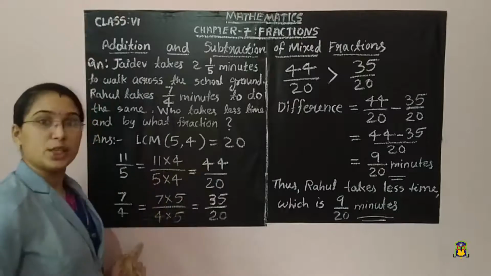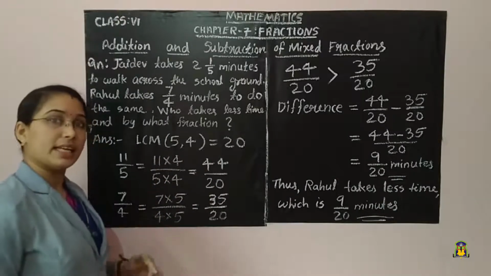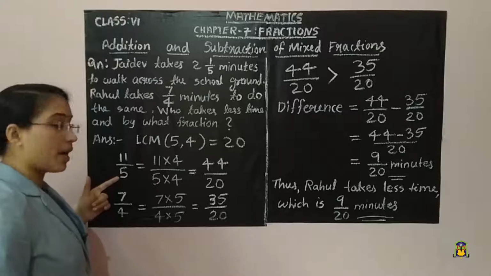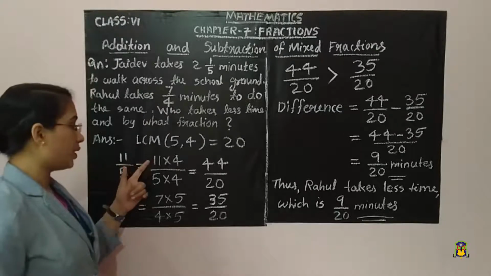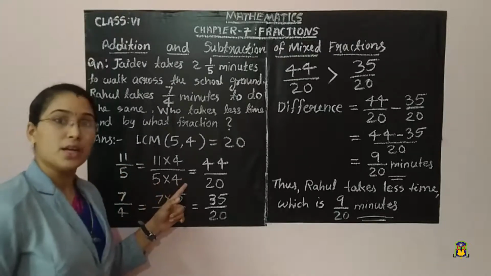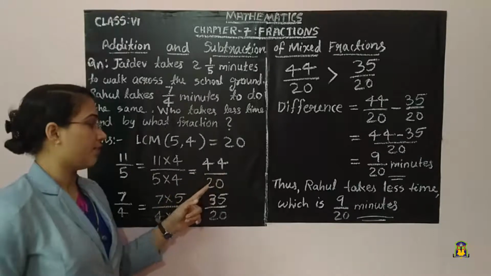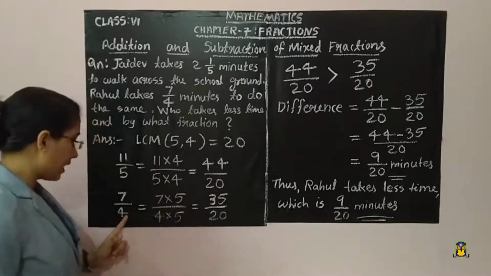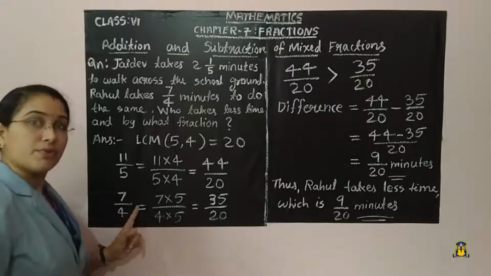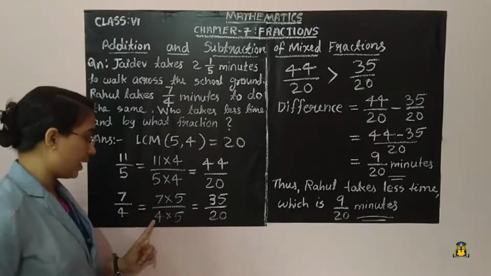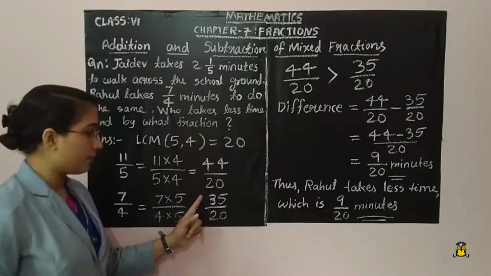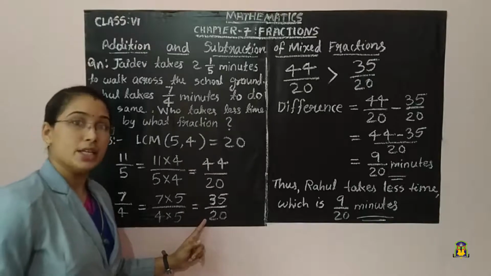So we can make the denominator as 20. For that, in the first fraction 11 by 5, we want to multiply the numerator and the denominator by 4. Then we will get 44 by 20. Then second fraction 7 by 4, we want to multiply numerator and the denominator by 5. Then we will get 35 by 20.